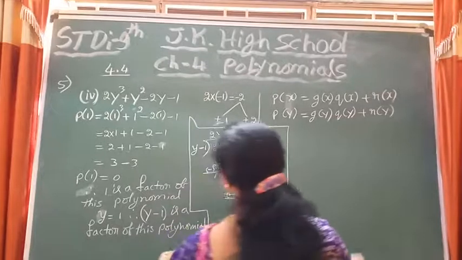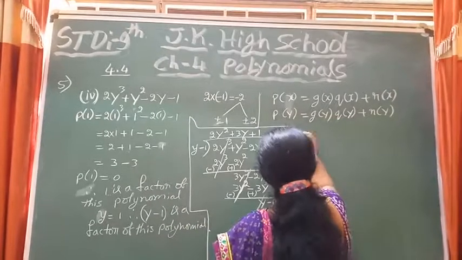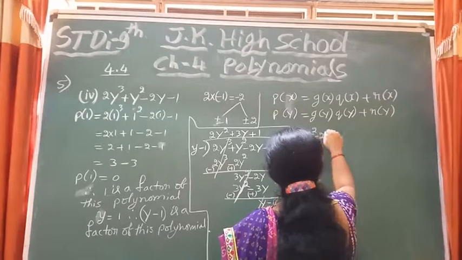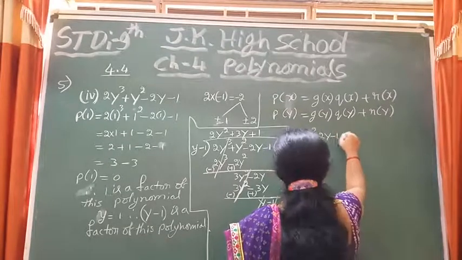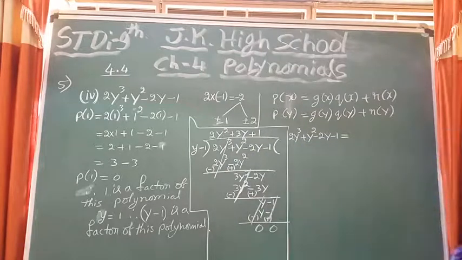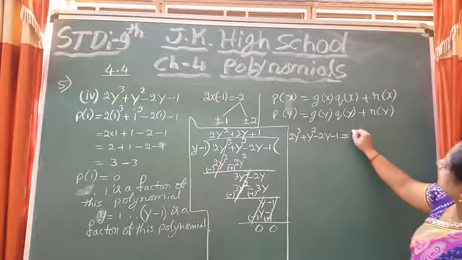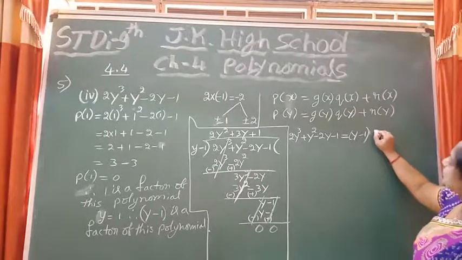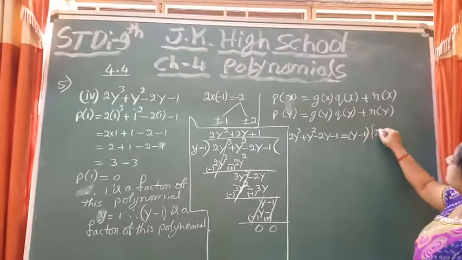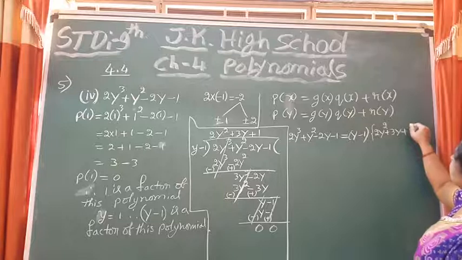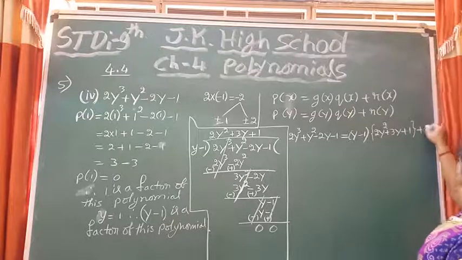P of y is your 2y cube plus y square minus 2y minus 1 is equal to g of y, that is y minus 1. This is one of the factors already we know. Q of y is the quotient, that is 2y square plus 3y plus 1. Then r of y is 0.